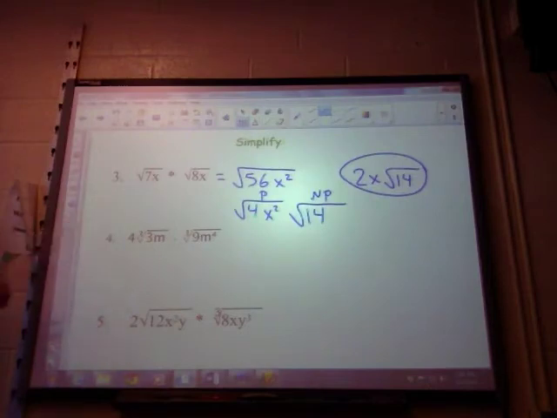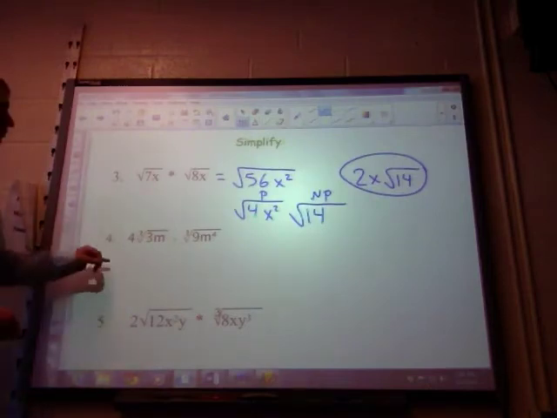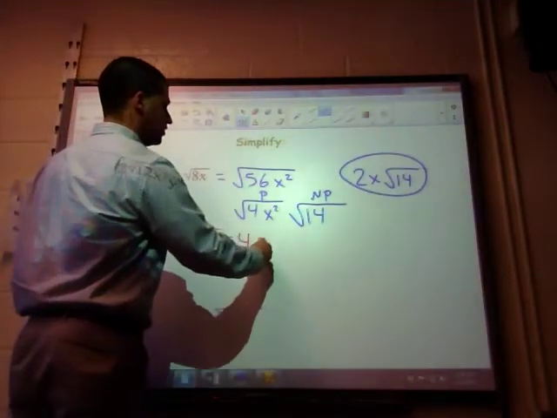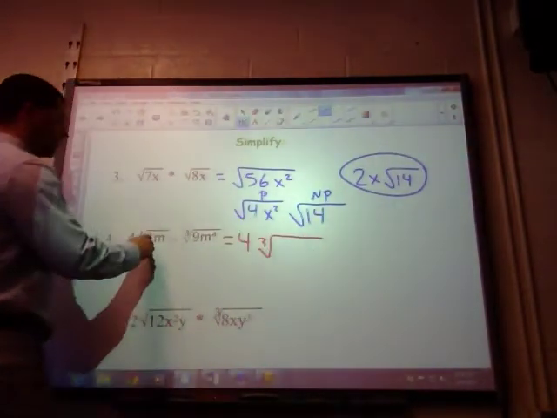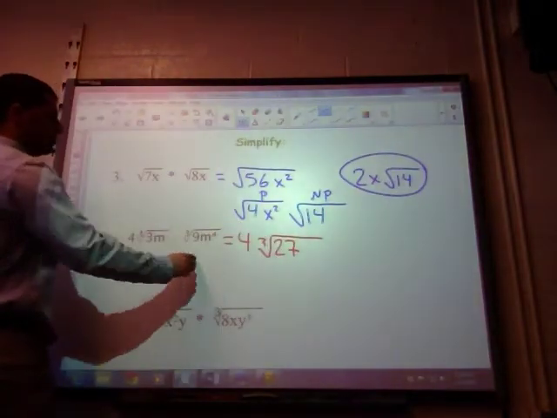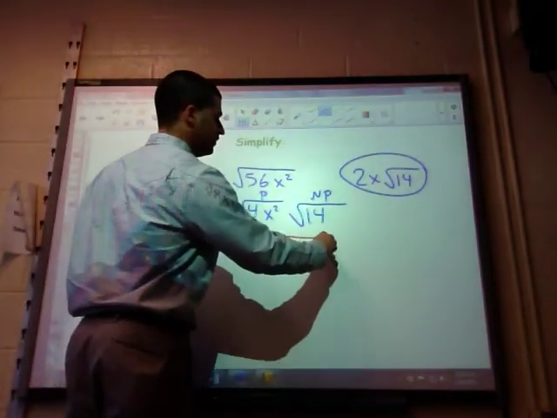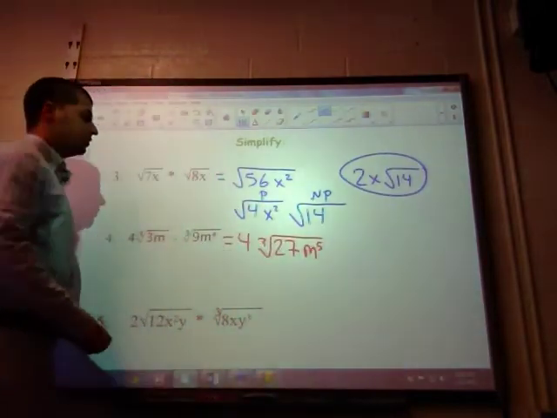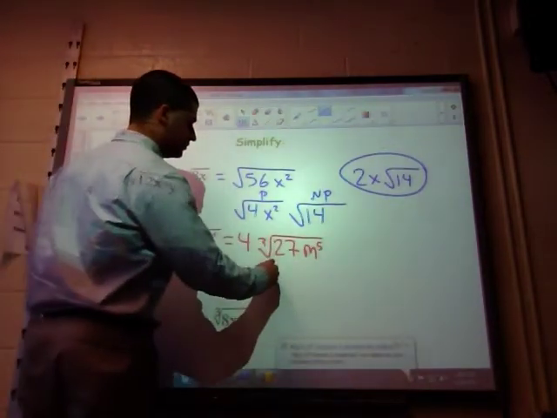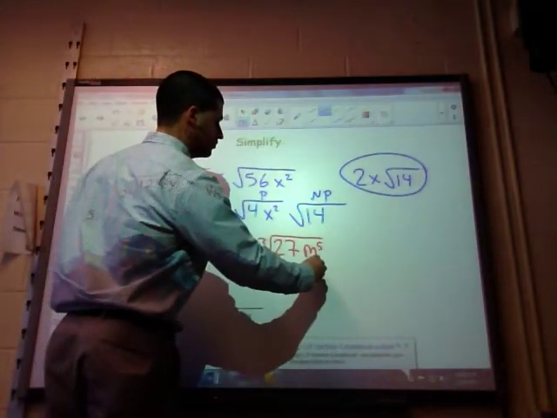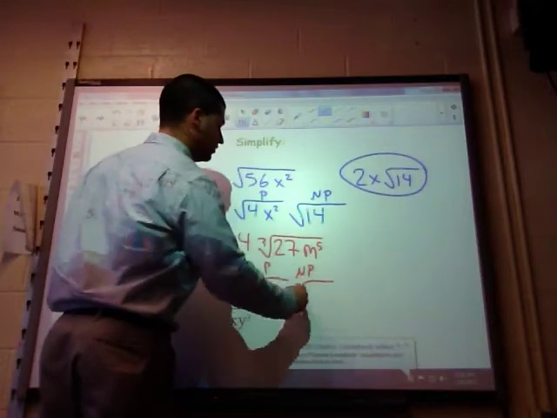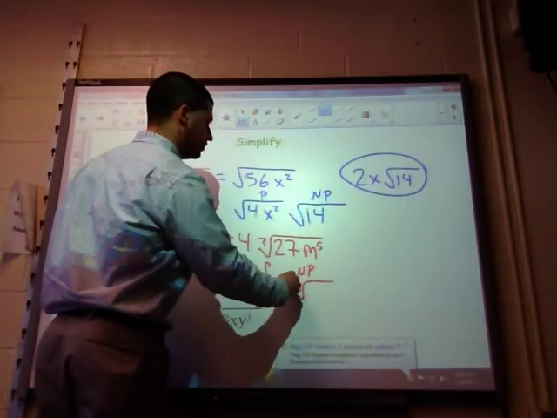Next problem, we have cube roots. So leave the 4 on the outside for now. Multiply what's on the inside. 3 times 9 is 27. m times m to the 4th is m to the 5th. So we need to do the perfect, non-perfect. 27 is a perfect cube, so it's going to go in the perfect.